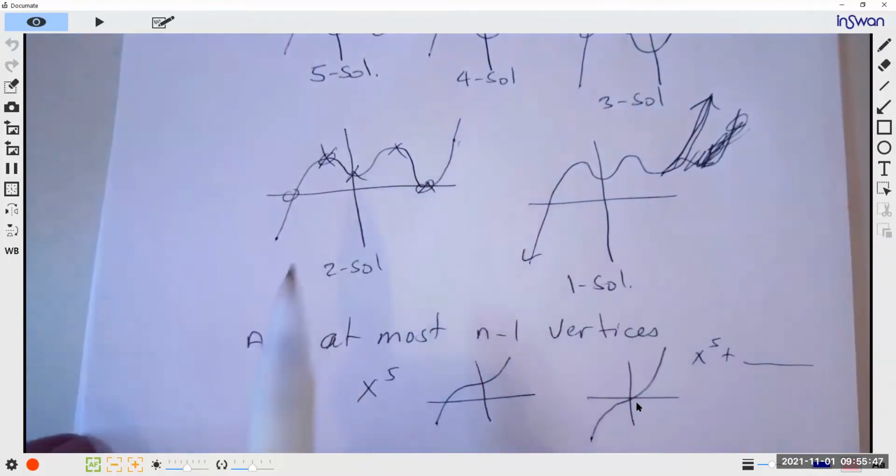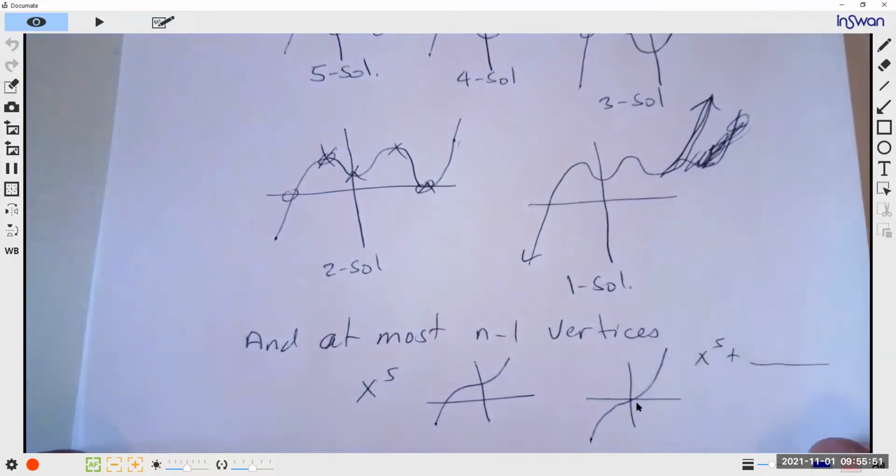So what do we notice about odd exponents, odd degrees?